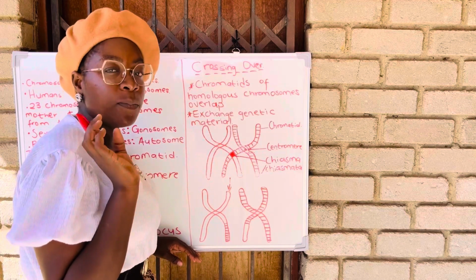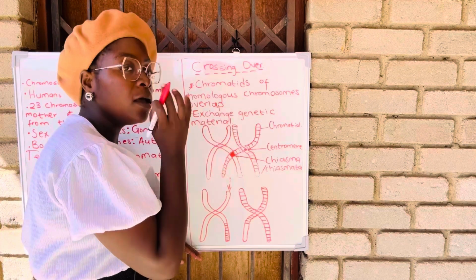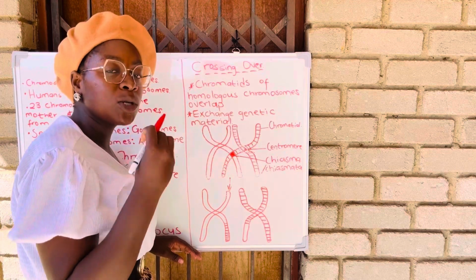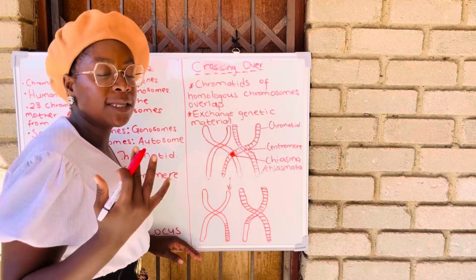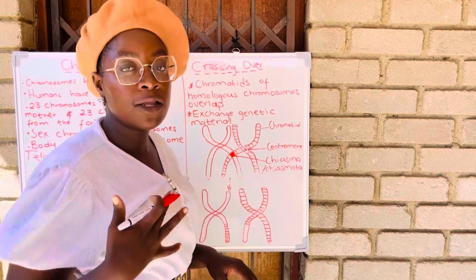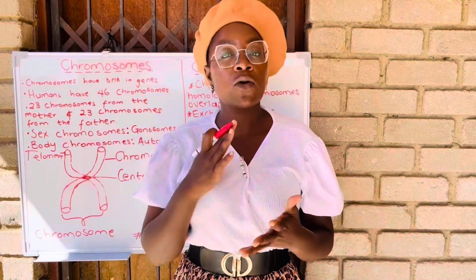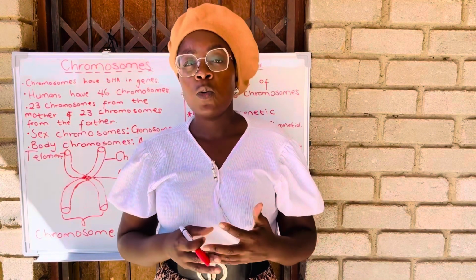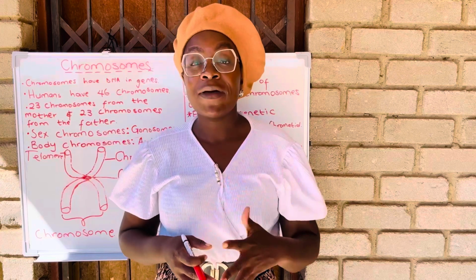So it is proof that crossing over took place. If they ask you the importance of the process that happens during prophase, then you know it's crossing over. The main aim of crossing over is to exchange genetic material. So now I want to do a summary for you.